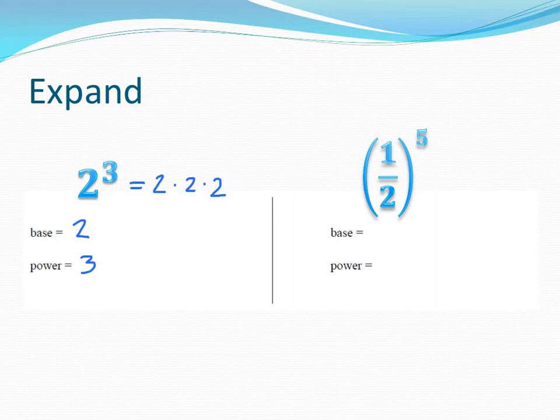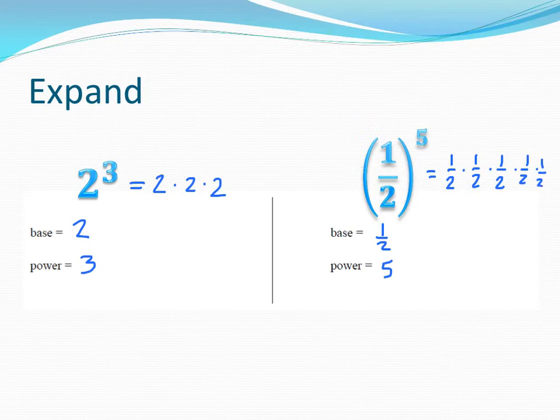I can do the same thing with any sort of number. I can do it with numbers, I can do it with variables, I can do it with fractions even. So I have 1/2 to the 5th power. If we think of what our base and our power are, our base is 1/2, our power is 5. So when I say 1/2 to the 5th power, that means I'm going to take my base of 1/2 and multiply it by itself the same number of times as the power.